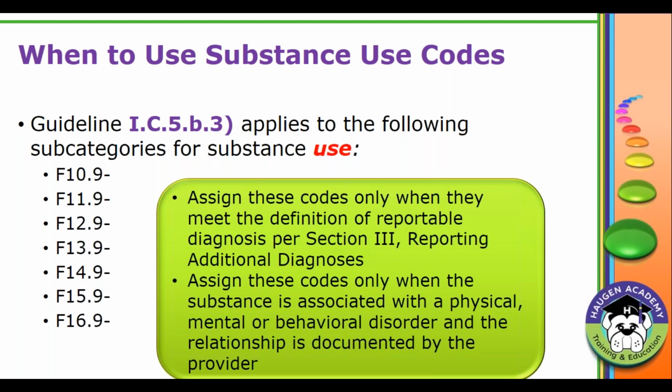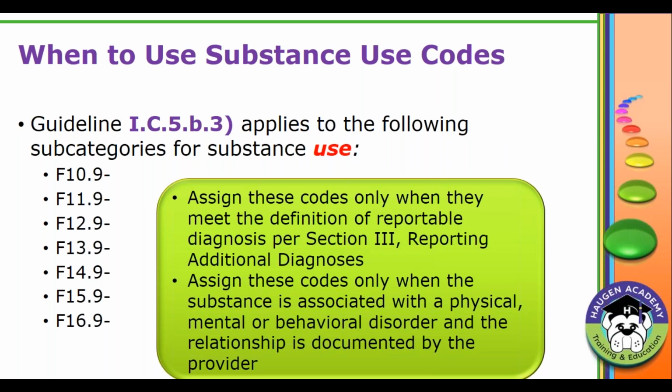And the guideline says that you assign these codes only when they meet the definition of reportable diagnosis according to Section 3 coding guidelines. And that's the section of guidelines that says you report additional diagnoses if the condition required additional monitoring or diagnostic tests or extended the length of stay.